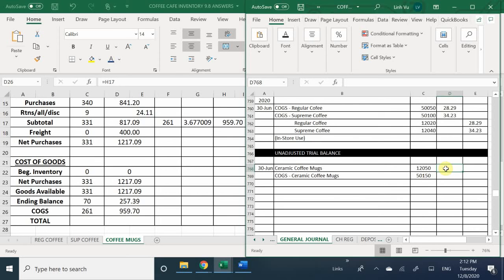Under the ceramic coffee mugs, the ended balance. Correct, which is what? 257.39. Good. And of course, you actually know how many items you sold. So what is the cost of goods sold going to be here? That's the $959.70. $959.70. Okay.